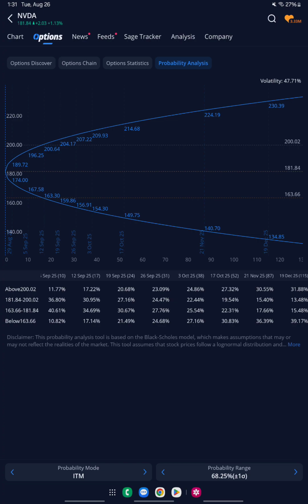Or if you're using this for a pharmaceutical stock, those which have FDA approvals that just come out of the blue, or during market crashes, or if somebody tweets, this model doesn't assume any of that. So that 1% or 2% probability can definitely derail your trading strategy.